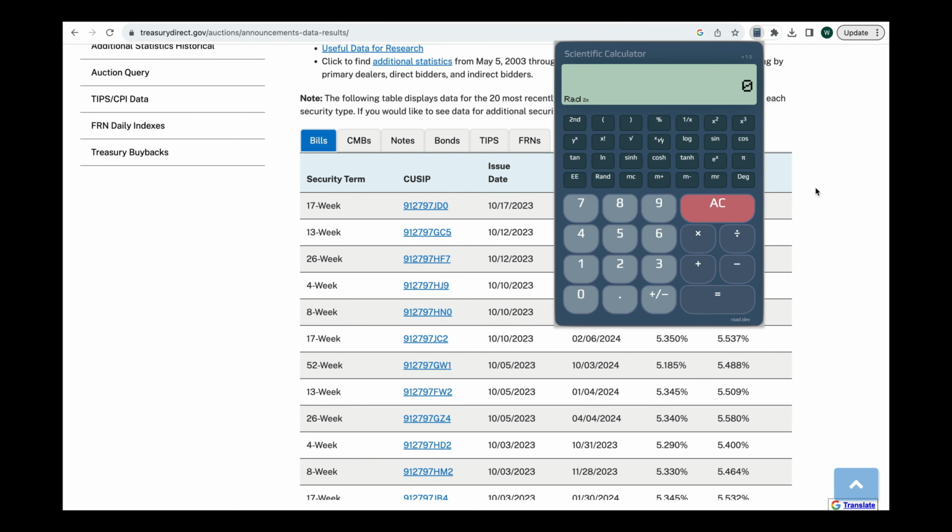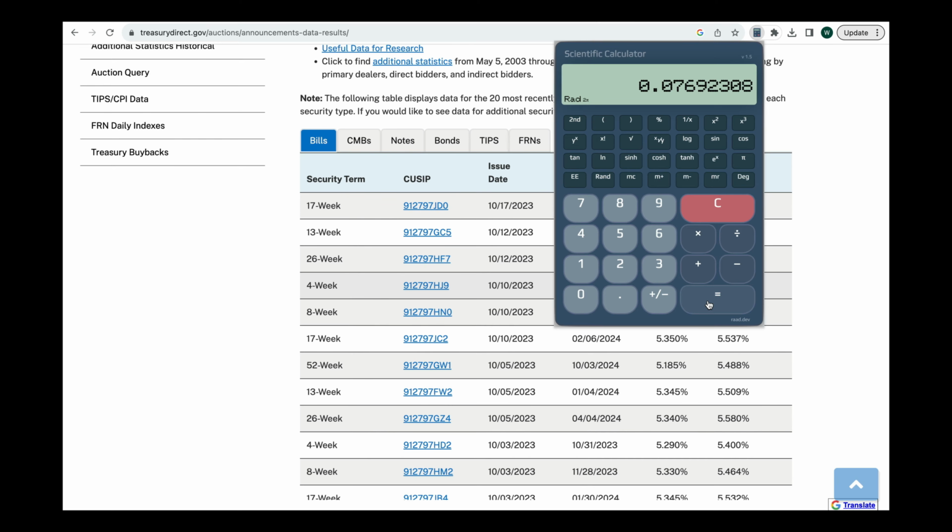So let's go ahead and do a quick example. I can't move this little calculator, which is sort of annoying, but right behind this column is our annual percent. So let's say we're buying this 4-week T-bill right here. We take the 4 weeks and divide it by 52, which is the total number of weeks in the year.